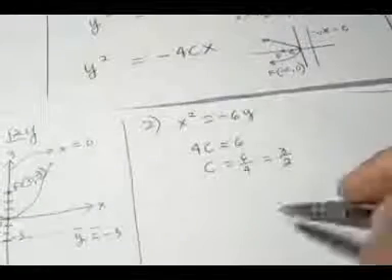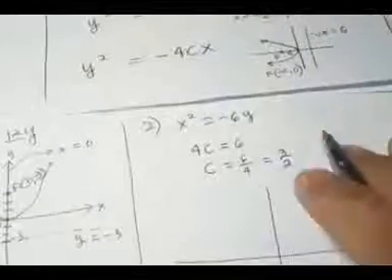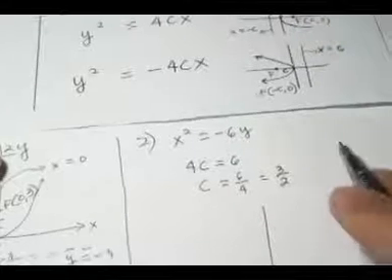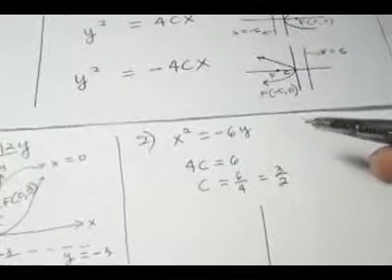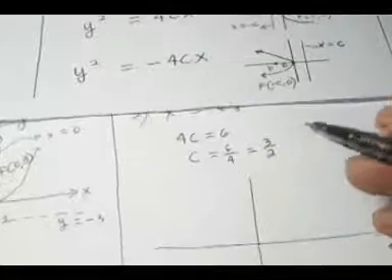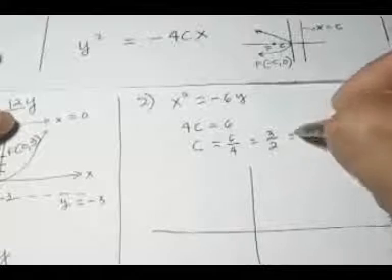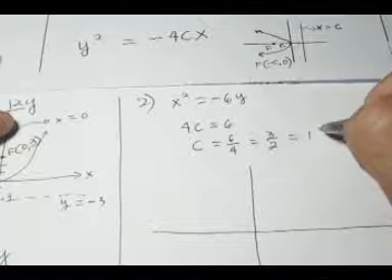So if we are going to sketch the parabola, since this is negative and of this type, the second type of parabola, opening downward, we will count. See, 3 halves is the same as 1 and 1 half.